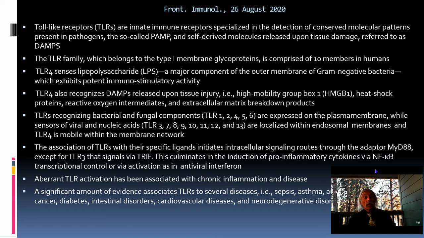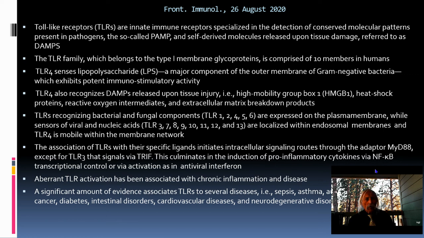Now, which ones? Well, here's one particular one I'm giving you as an example, i.e., high mobility group box 1 or HMGB1. We talked about this protein in previous lectures. Heat shock proteins, HSPs, huge class of those. Reactive oxygen intermediates like hydroxide anion and superoxide. And extracellular matrix breakdown products, usually glycoprotein or peptide fragments.